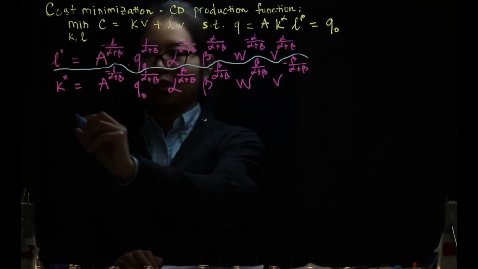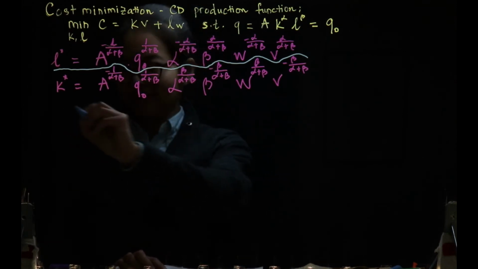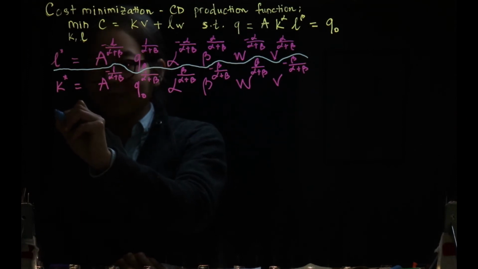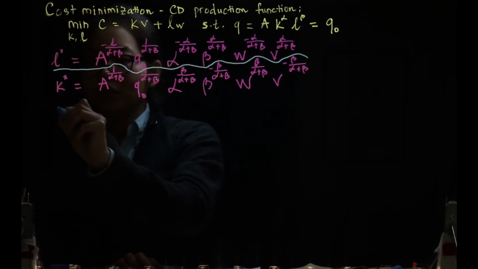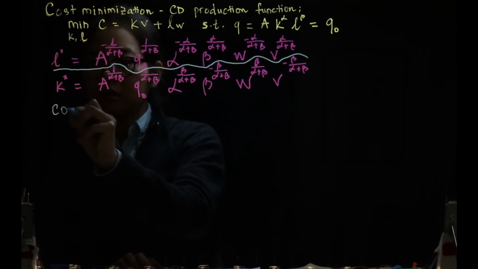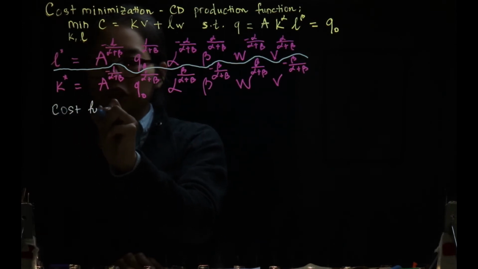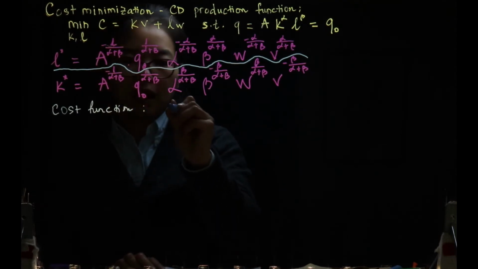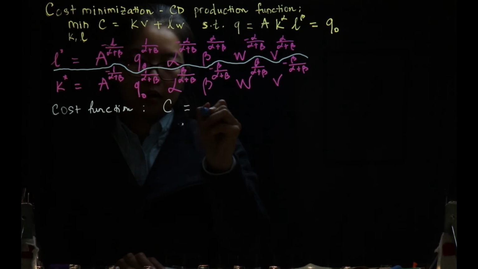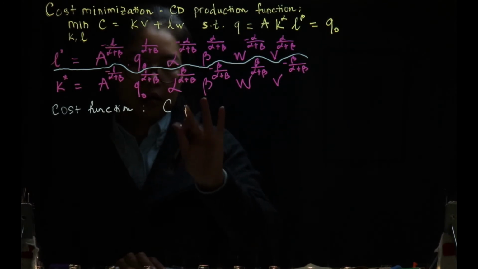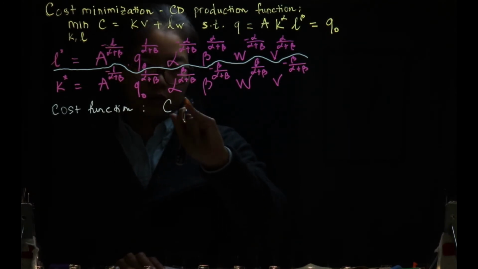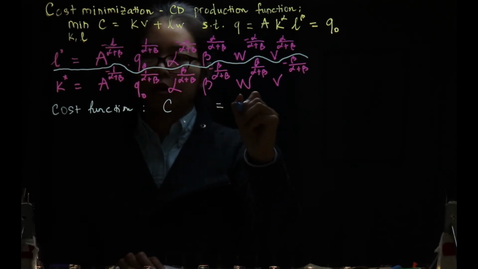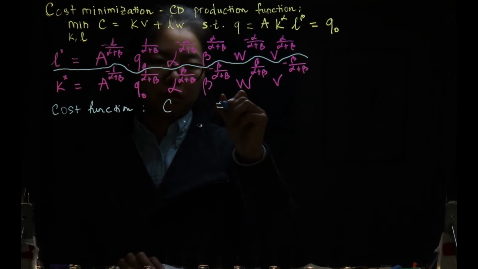Final thing, the cost function will not be so simple, but don't let it scare you, okay? So the cost function, what is written on your slide, is you plug the L star and K star into the definition of the cost, right?